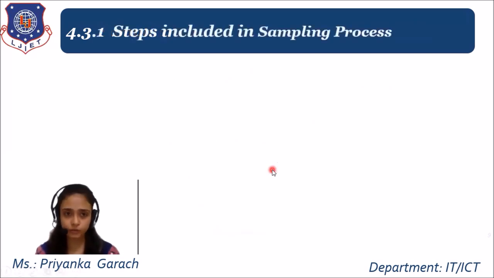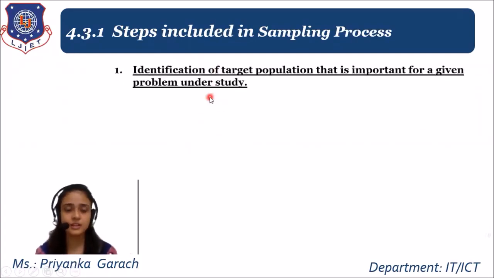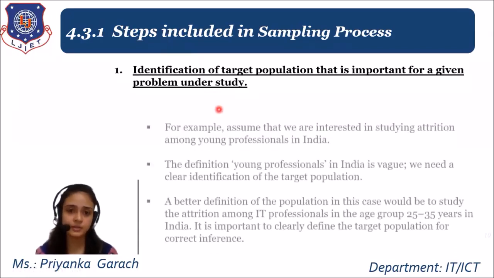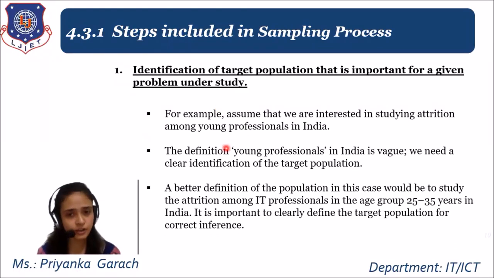So if you want to perform the sampling, these are the steps included in the sampling process. So the first step was identification of the target population that is important for a given problem under study. Just for an example, assume that we are interested in studying the attrition among young professionals in India. Now, the attrition among young professionals.